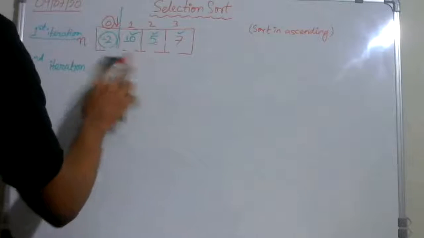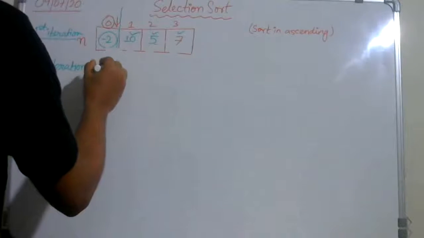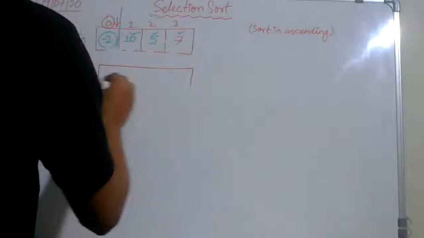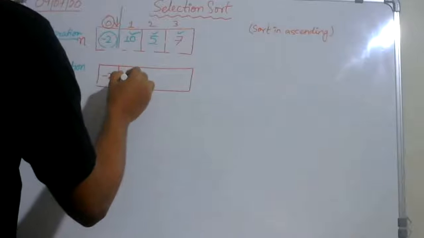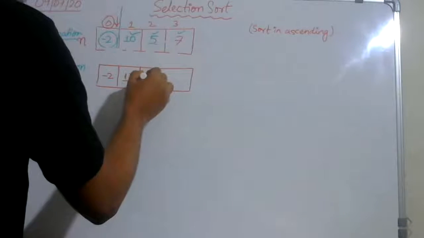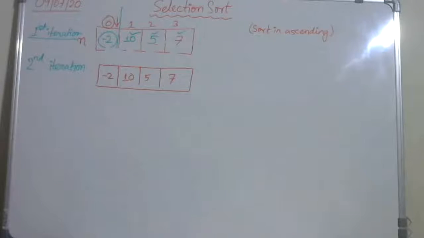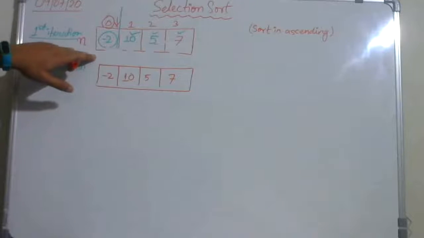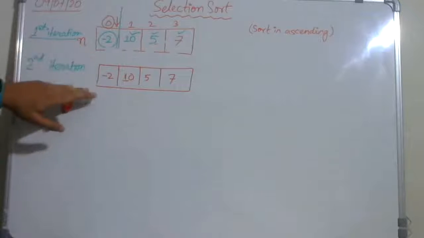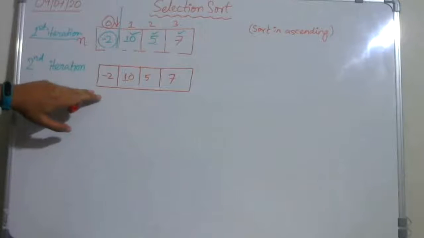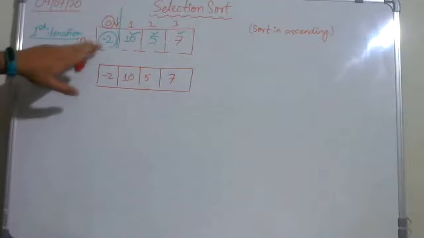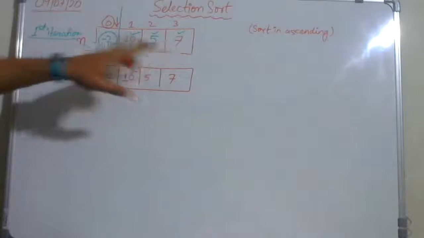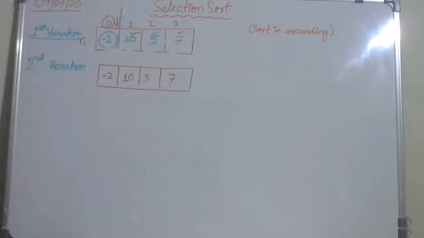So now we have -2 here, 10 at this position, 5 here and 7 here. So the second iteration begins with the final position of the elements at the end of the first iteration.